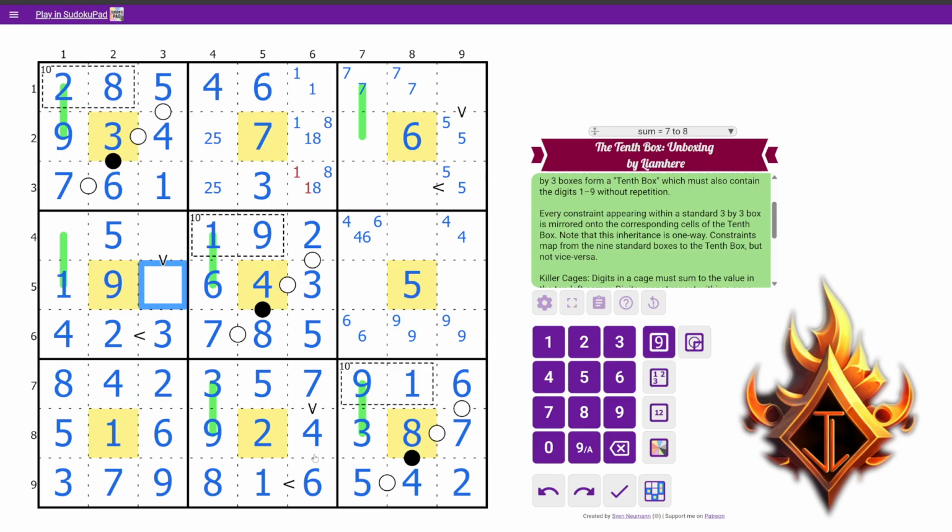But these have to be 7, 8, right? 1, 2, 3, 4, 5, 6, 9. This is 7 or 8. 8 cannot be less. So that is 7, 8. This becomes 6. That does work on the German.